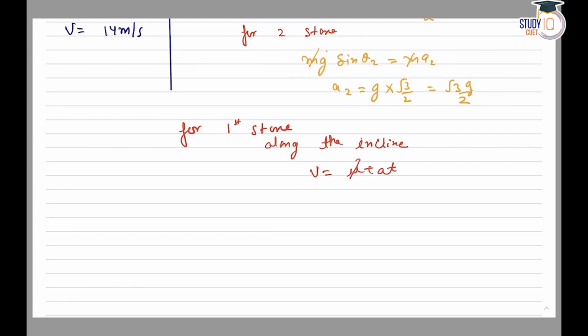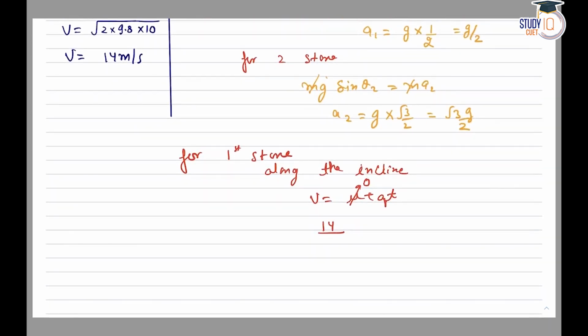The initial velocity is 0, the final velocity v comes out to be 14, and the acceleration in the first situation is a1, which is equal to g by 2. This is equal to t1. So the value of t1 comes out to be 28 upon 9.8. On solving this, the value of t1 comes out to be 2.86 second.